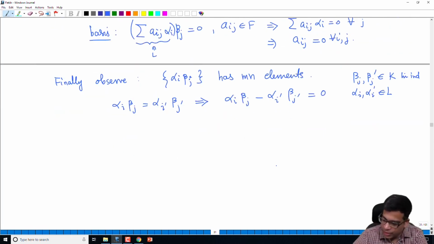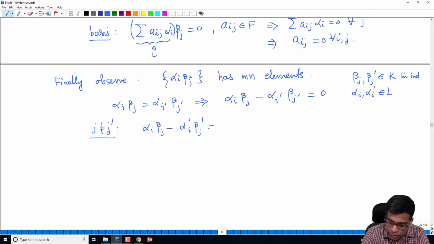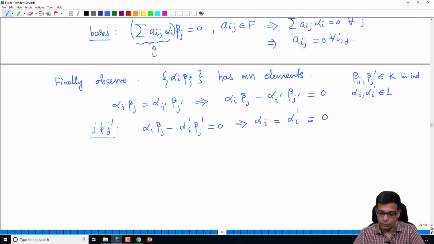Now we have two possibilities. If j is not equal to j', then alpha_i beta_j minus alpha_i' beta_j' is 0 with alpha i and alpha i' in the base field L, which implies that alpha i equals alpha i' equals 0, right?